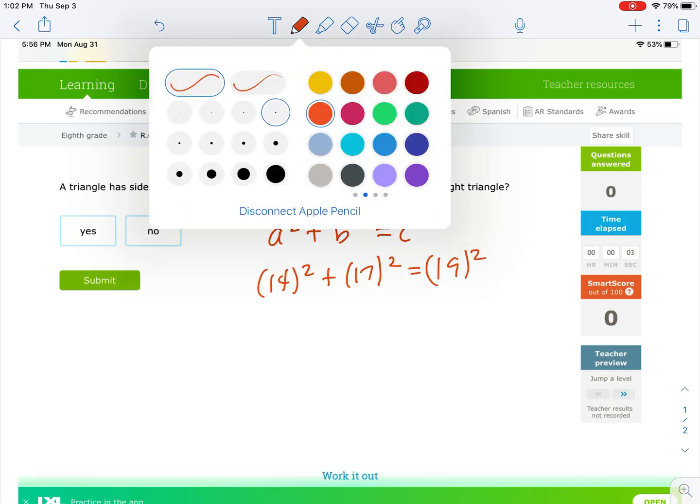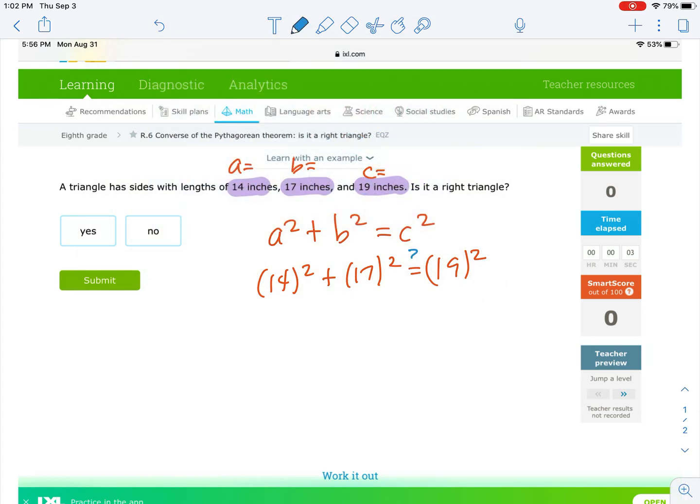Okay, I want you to notice I'm putting a question mark over the equal sign because right now we don't know if the left-hand side of this equation equals the right-hand side. We have to figure that part out. So we have to do the math. Remember, order of operations tells us to do the exponents first. This is 14 times 14, which is 196. 17 squared, 17 times 17, 289.